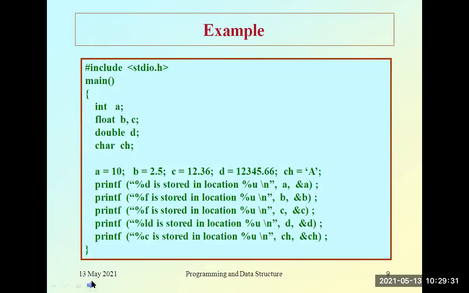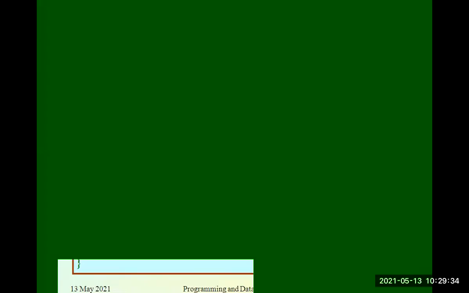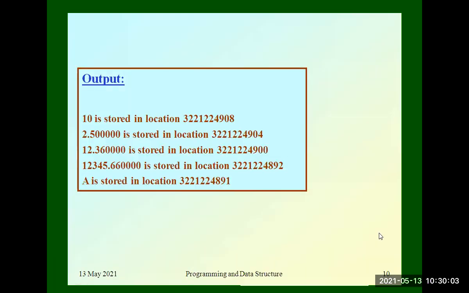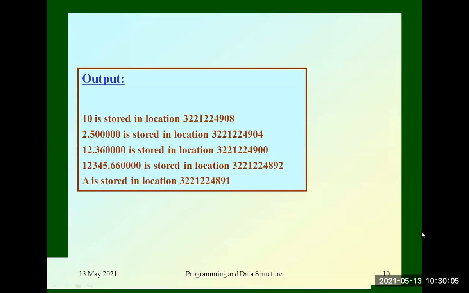See here, this is the program. I am taking int, float, double, char as different data types here. A equal to, print A: you can print the A value. Ampersand means you can store the address: B address, C address, D address, H address. See here, this is the output.